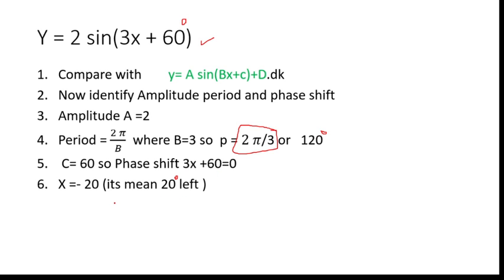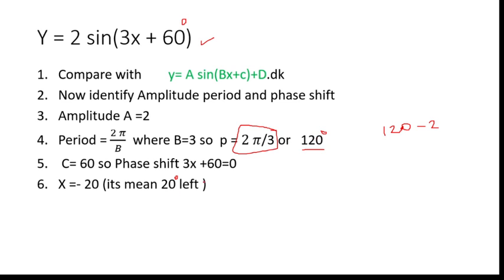Now look here, when our graph is in standard position, our period is 120. Now our function is moving 20 units left, which means we subtract 20 from 120. If we are moving right 20 units, we add 20 units to our period.